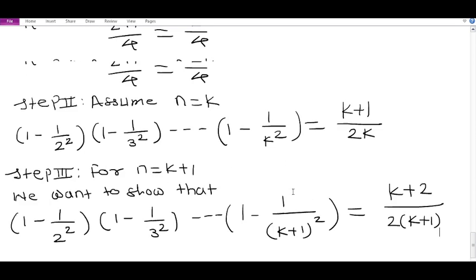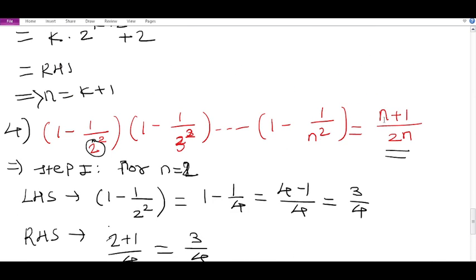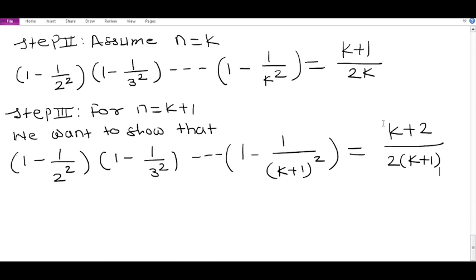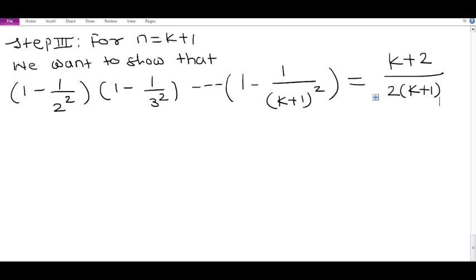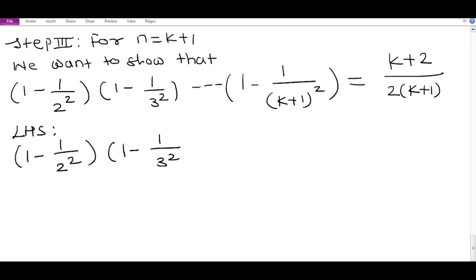Now to show this, we are going to consider the LHS. On the LHS it is 1 minus 1 upon 2 raised to 2, 1 minus 1 upon 3 raised to 2, up to 1 minus 1 upon k plus 1 raised to 2.